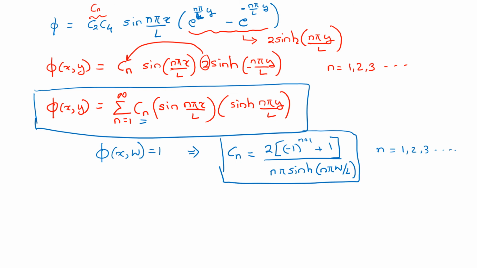And sometimes you may not be able to get a general solution to the heat diffusion equation that you have. So this exercise was just done so that you appreciate the math behind it, and you know what the final solution for phi of x comma y looks like.